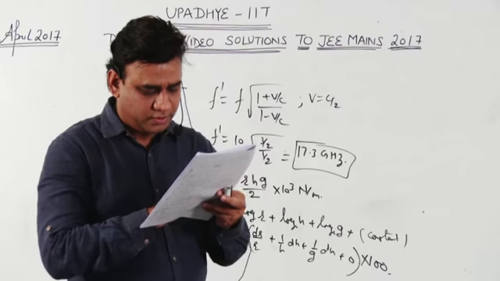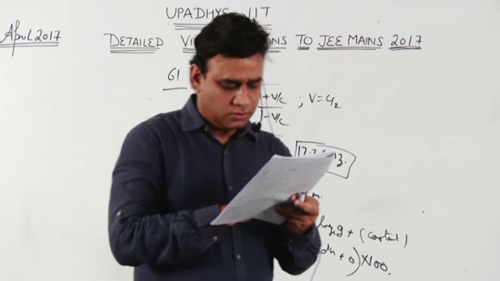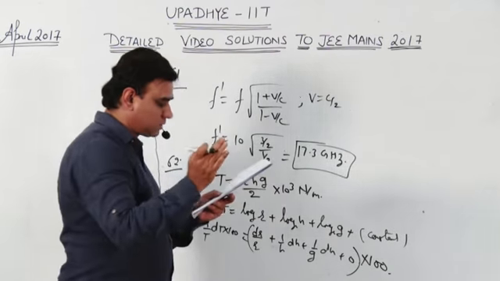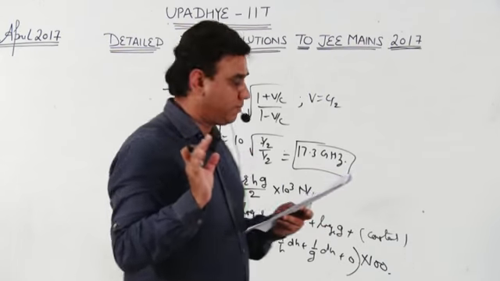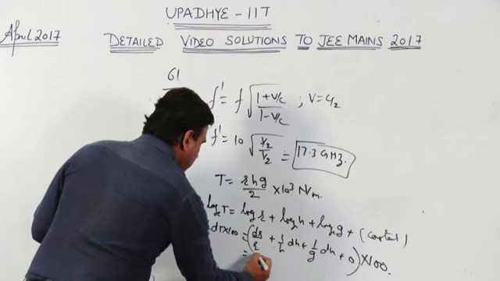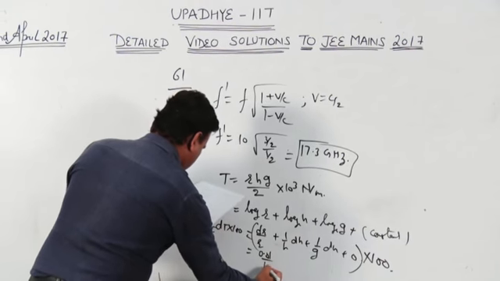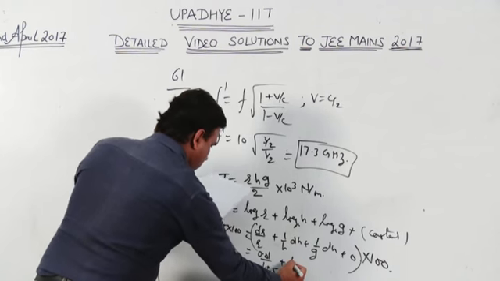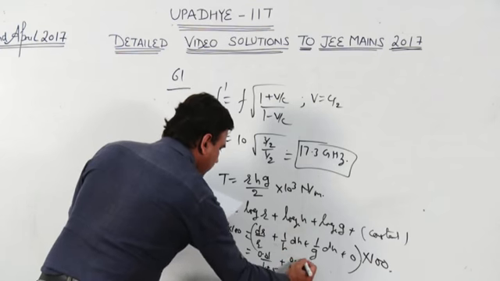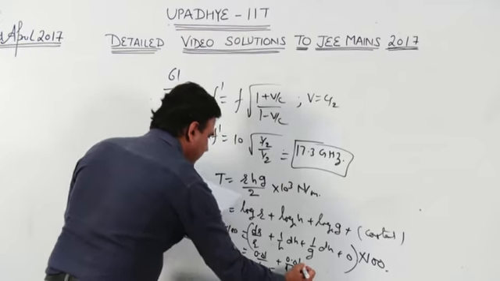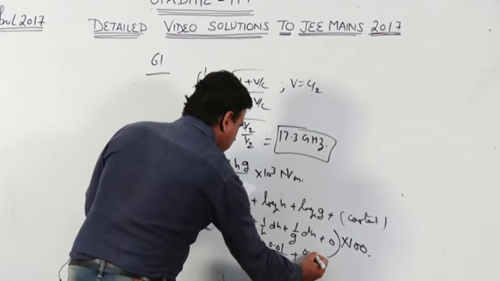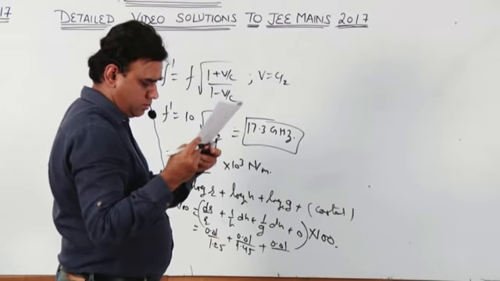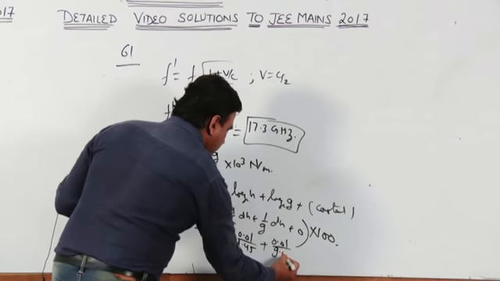tell 1.25 into 10 to the minus 2 meter. In this type of quantity, the absolute error is in the last significant digit, that is 0.01. So here we can put 0.01 upon 1.25 plus similarly for h, 0.01 upon 1.45 plus 0.01 upon 9.80 for g.